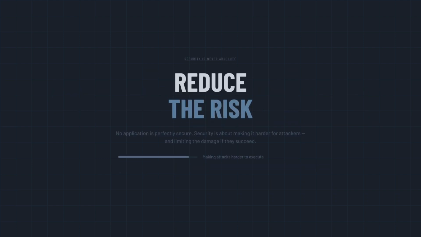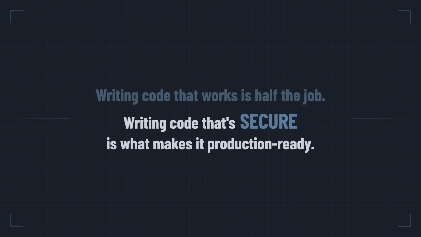But here is something important to remember. Security is never absolute. There is no such thing as a perfectly secure application. Instead, security is about reducing risk, making attackers' lives more difficult, limiting the damage if something goes wrong, and consistently improving your defense over time. Throughout this course, we won't just learn how to use different security features.